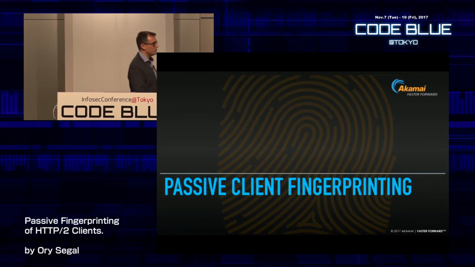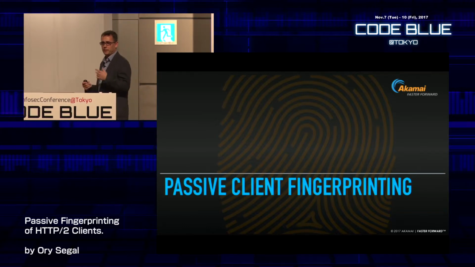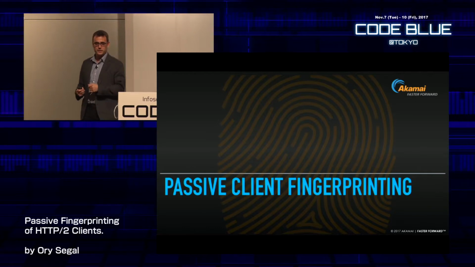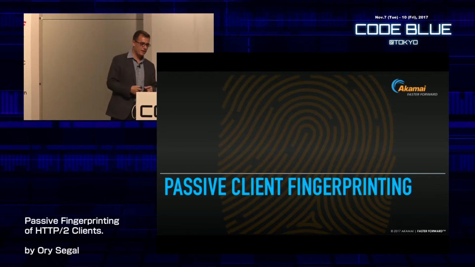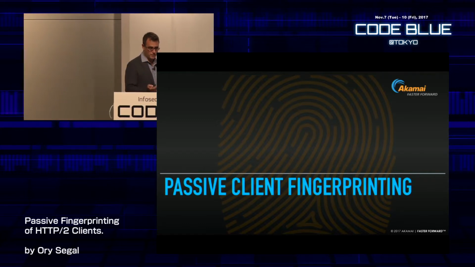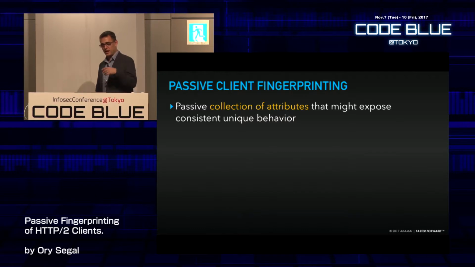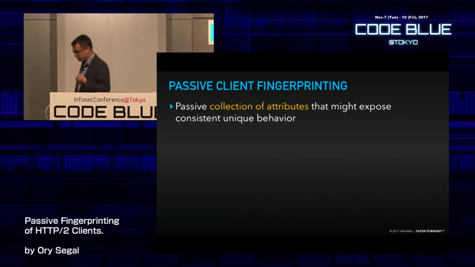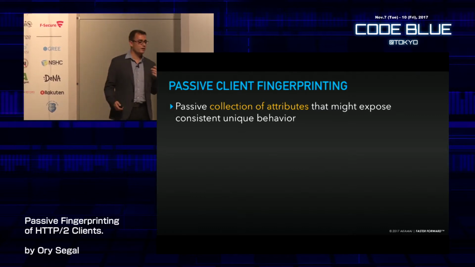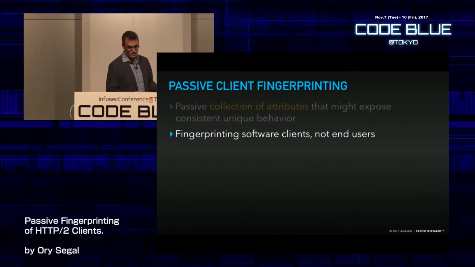So a few words about passive client fingerprinting. I'm pretty sure that most of you have used tools like p0f, or I call it POF, or other passive client fingerprinting, like Nmap does some passive, mostly active, by the way. But why do we need passive client fingerprinting? This is the passive collection of attributes that clients and servers exchange during a conversation to try and understand what is the other party, what kind of client it is.